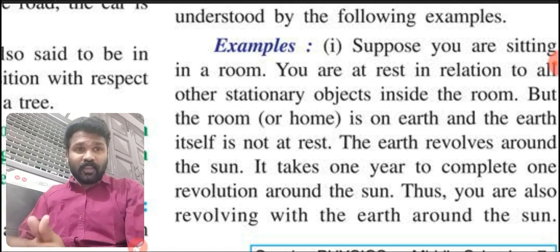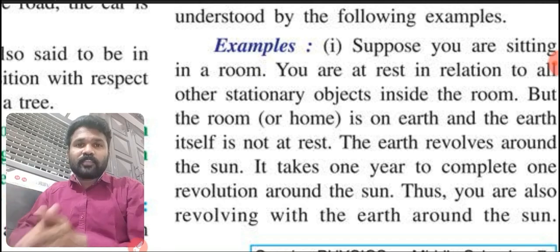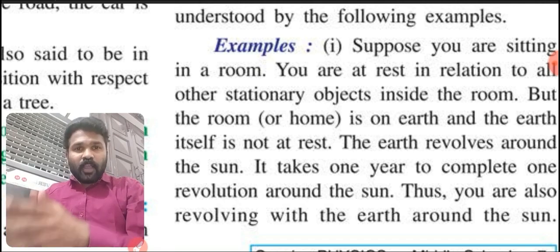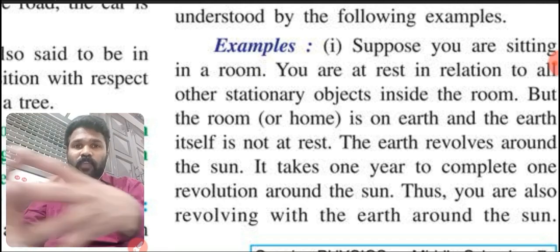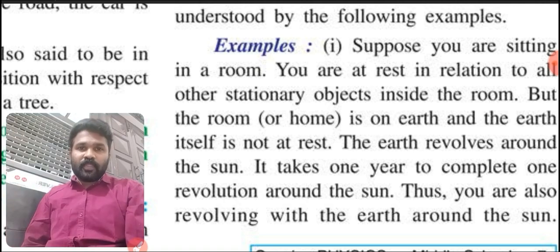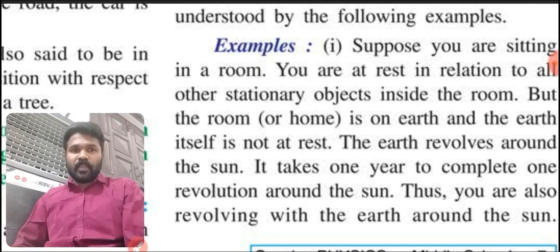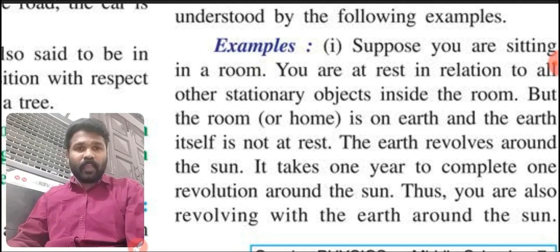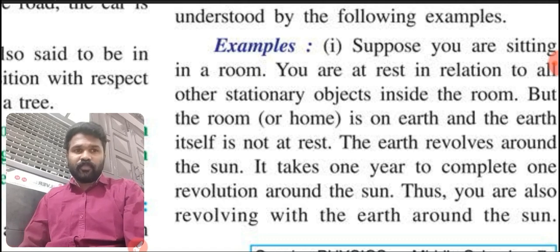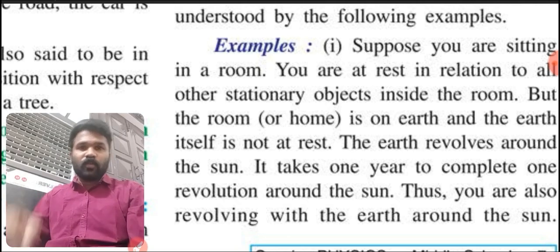Because earth revolves around the sun. That's why, according to this situation, we are moving. It takes 1 year to complete one revolution around the sun. Thus you and me are also revolving with the earth around the sun.